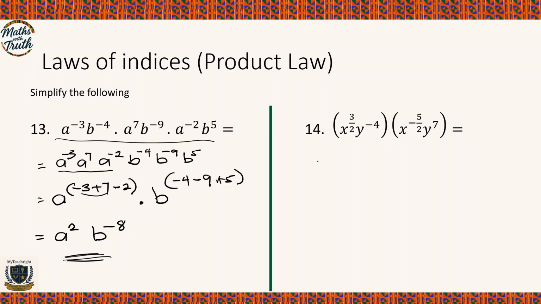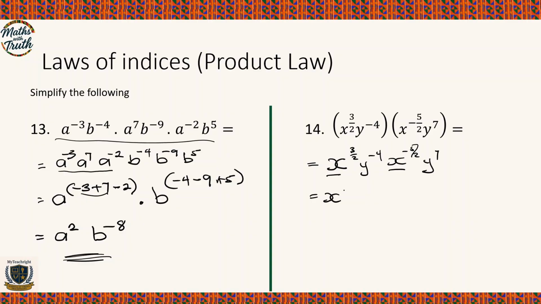Okay, let's do it. So we have x exponent 3 over 2 times y exponent negative 4 times x exponent negative 5 over 2 times y exponent 7. So this we can just bring those with the common basis together again.